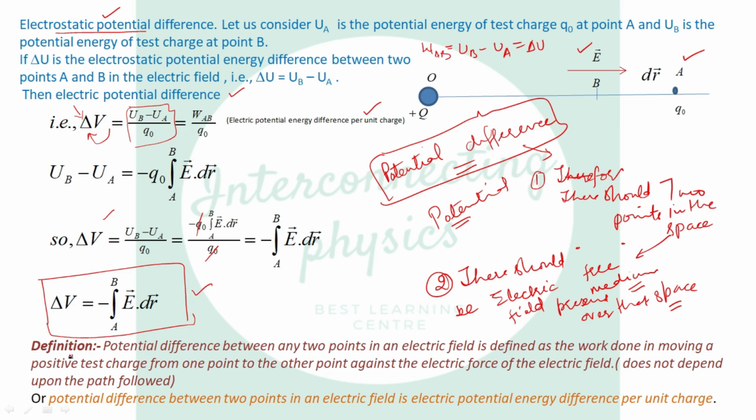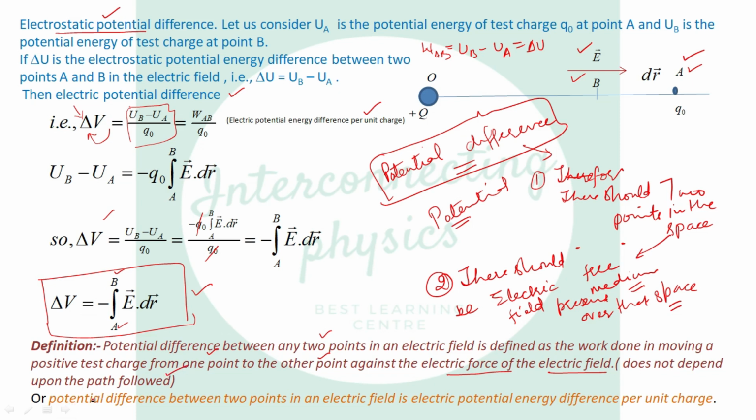Now the definition: potential difference between any 2 points. Again 2 points, one is A, one is B, because the Q naught charge is being moved from point A to point B. The potential difference between 2 points in an electric field is the work done in moving a positive test charge from one point to another against the electrostatic force of the electric field, and it does not depend upon the path followed.